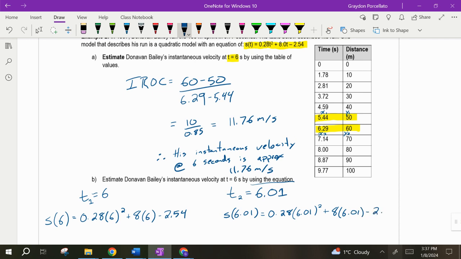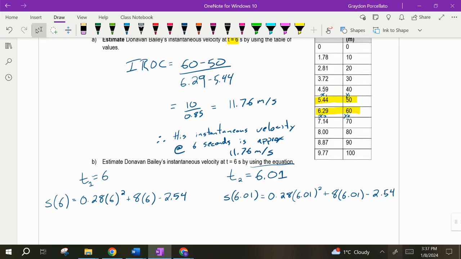Okay. And then I'm going to use those values to calculate my slope or my instantaneous rate of change. I keep saying slope, but remember, slope and rate of change are the same thing, right? So in this case, if I sub in 6, I get 55.54.